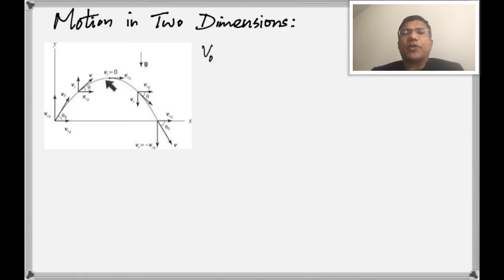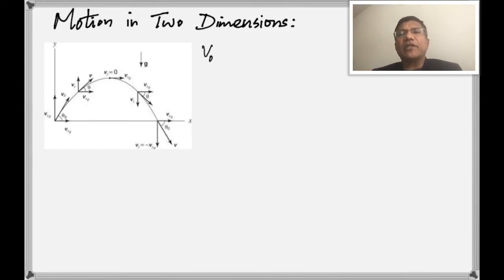At the highest point, the vertical component becomes 0, and then it increases in the opposite direction. So that is what you have to know about motion in two dimensions, and this is a typical example. So at the highest point, does the object have any velocity? Yes, it does. It has its horizontal velocity. What about its vertical velocity at that point? It becomes 0.